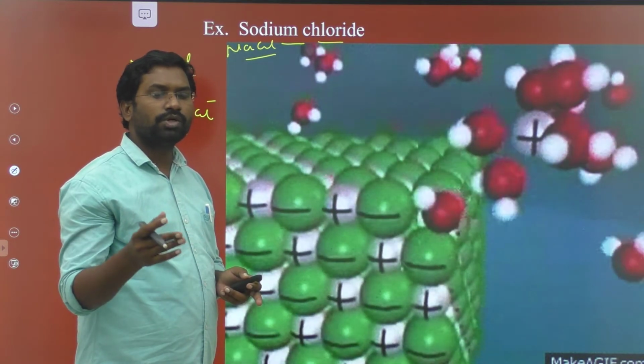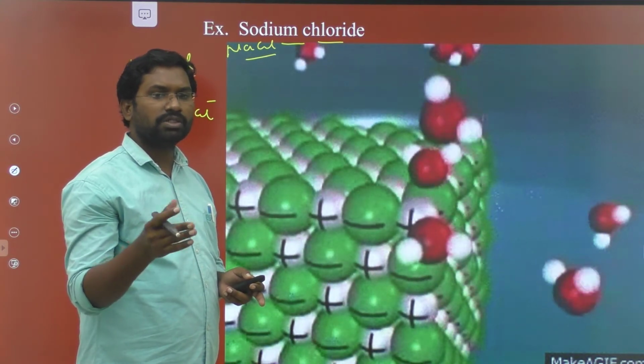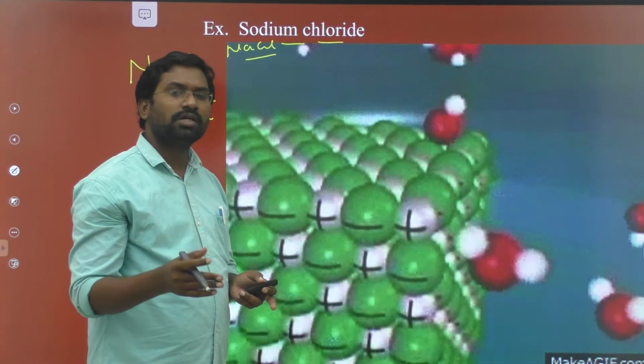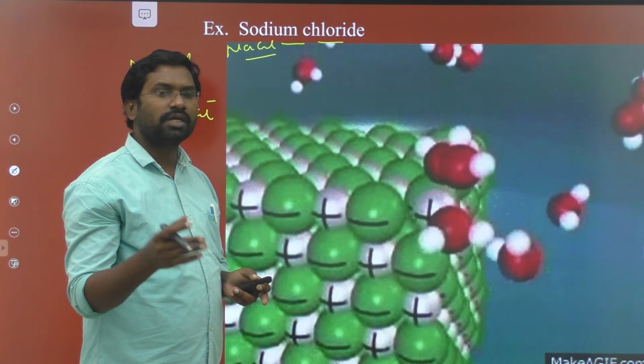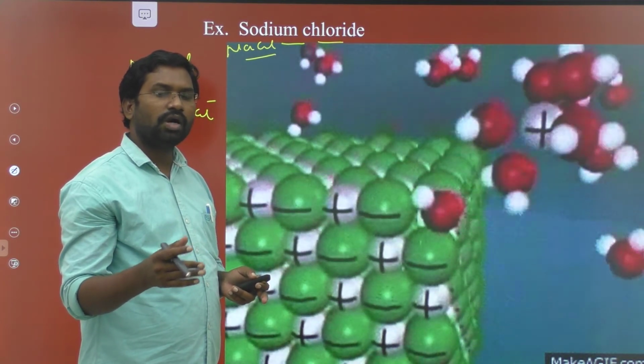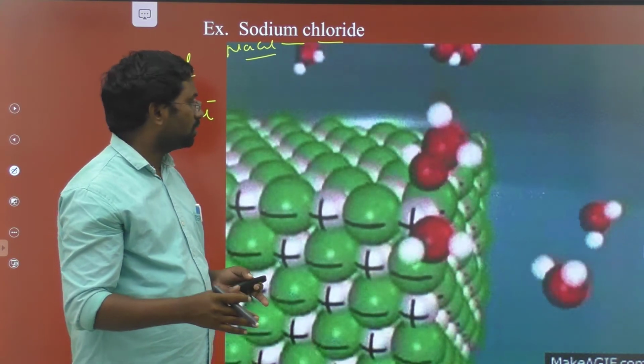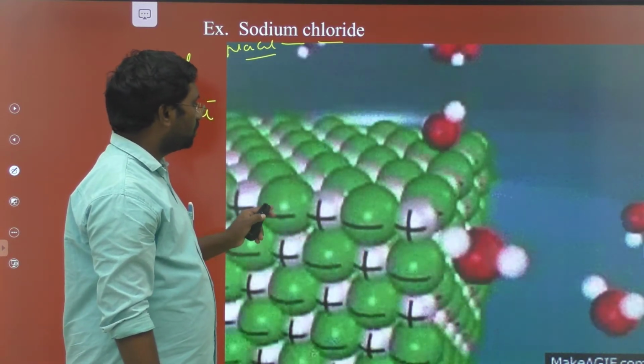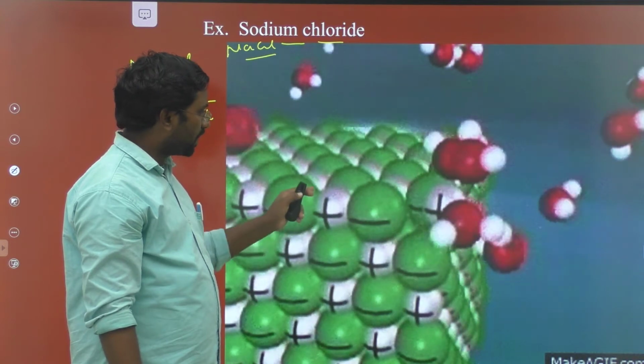In the previous videos we learned about the cubic structures of solids, like simple cubic structure, body centered cubic structure and face centered cubic structure, and we learned everything in previous sessions. So this is about the structure of sodium chloride. It also has a cubic structure, and the particles are arranged in this manner.